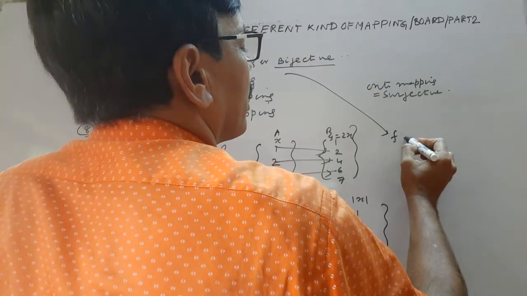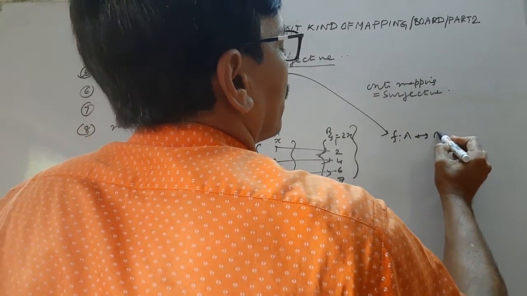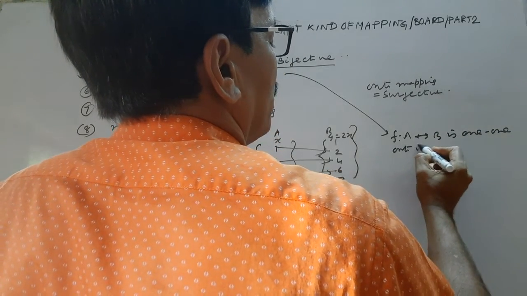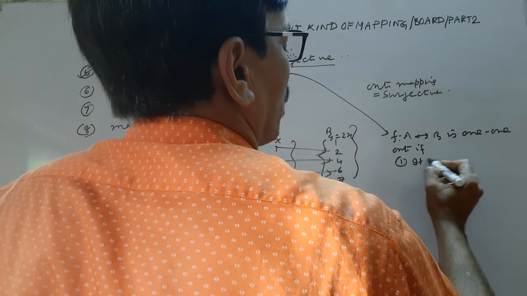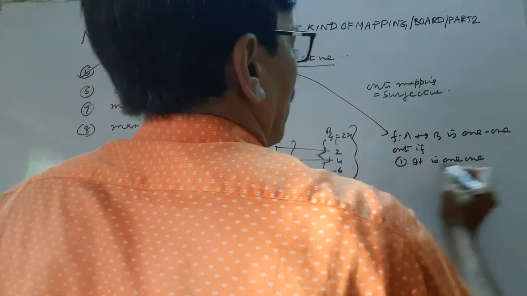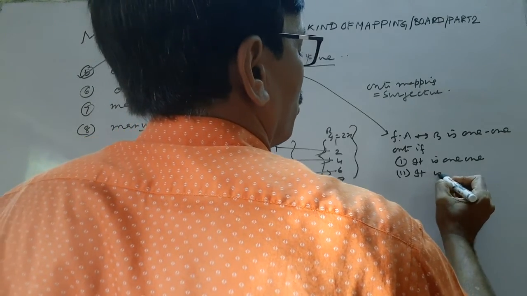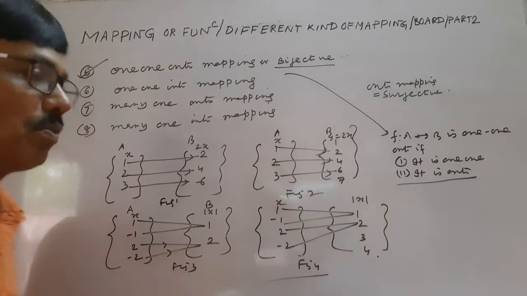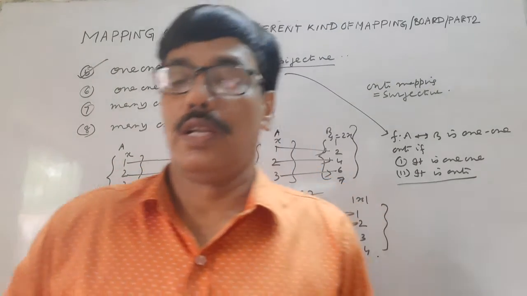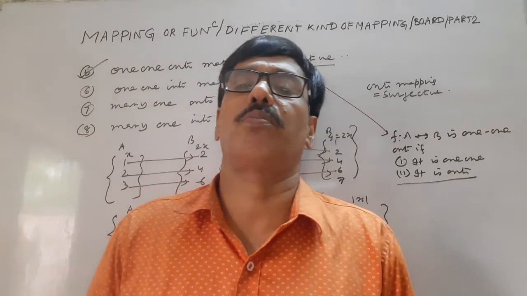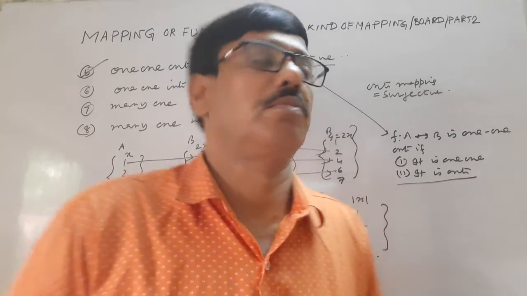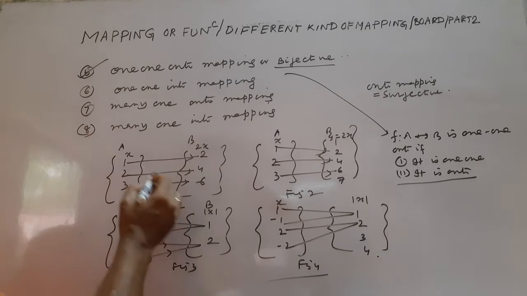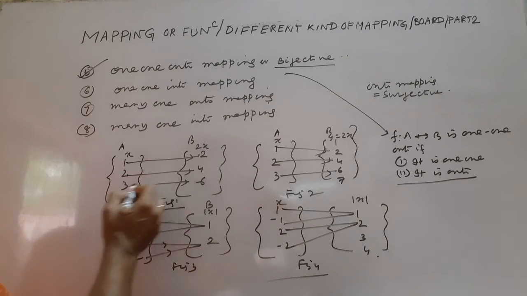So f from A to B is one-one onto if number 1 it is one-one and number 2 it is onto. So the problem is given in this way. Give an example of bijective mapping or one-one onto mapping. So look at figure 1: 1, 2, 2, 4, 3, 6.